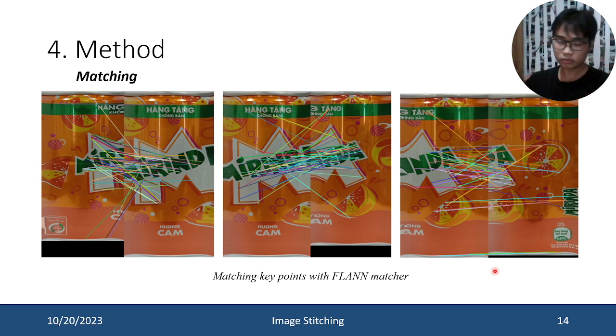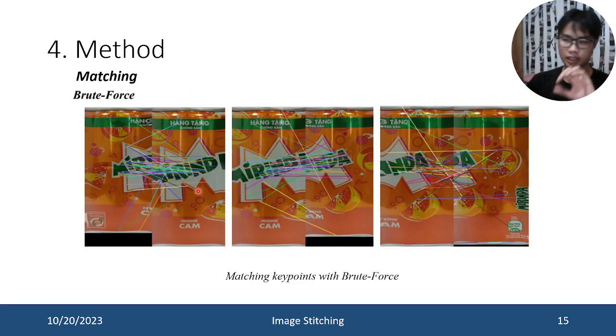So in this slide, in our figure here, we apply the flann matcher to find the matching keypoints. Next, we also have two methods that we want to survey, where we apply the brute force matcher for matching keypoints.